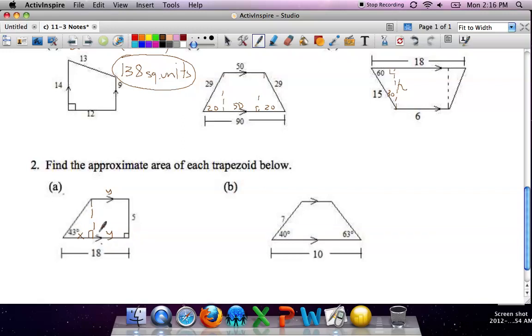Well, they only give you a 43-degree angle, right? Is that all they give you for this problem? Oh, here's 5 over here, which makes the 5 over here. So we can use the tangent function, tan of 43, or maybe even 90 minus 43, or 47 degrees. So you can think about how to find X, and then find the rest of it.